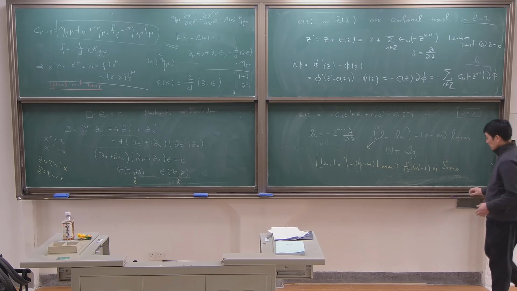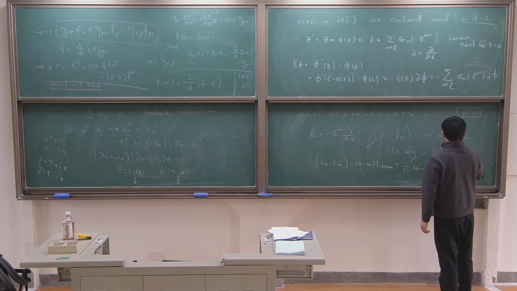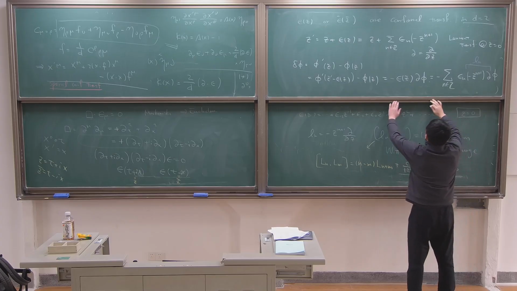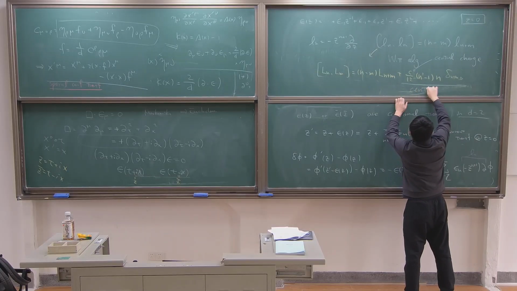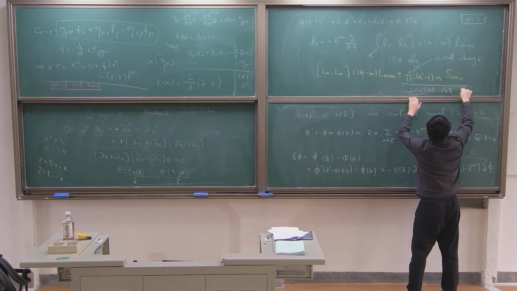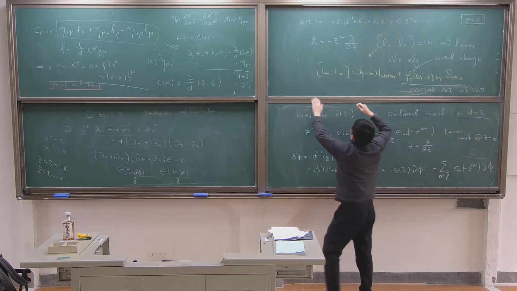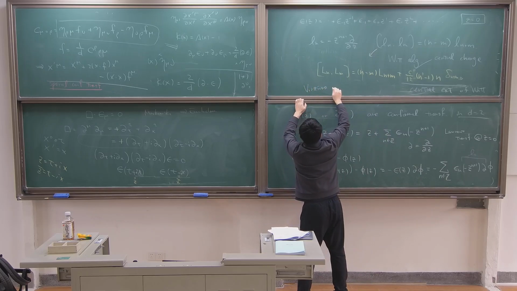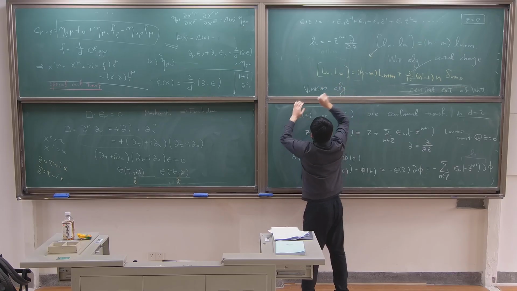So here, this one is called the central charge, and this one is called the central extension of the Witt algebra. And then everything is called the Virasoro algebra.